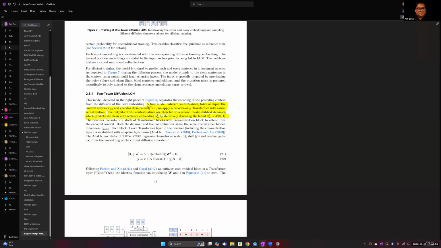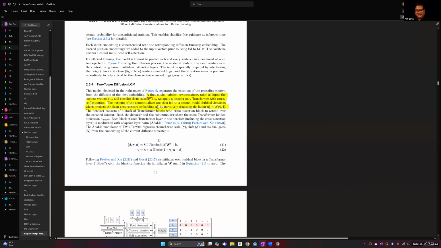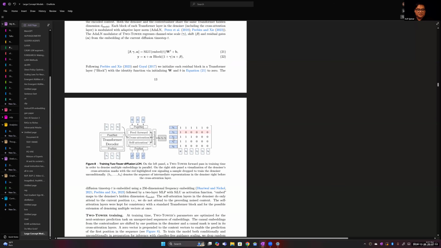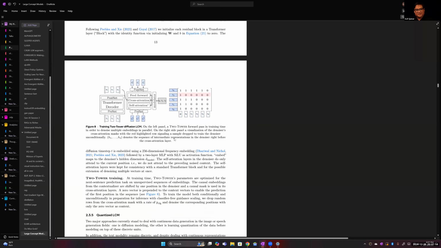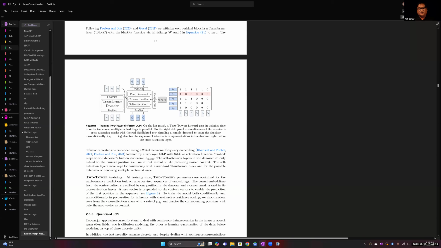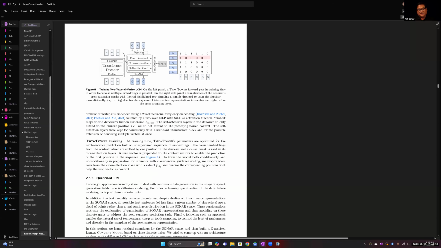The denoiser consists of a stack of transformer blocks with cross attention to attend over the encoded context. Both the denoiser and the contextualizer share the same transformer hidden dimension and so forth. These are technical details one has to read more carefully, but it's straightforward. What they're saying is that we are going to use both the standard transformer decoder and the denoising part of the diffusion approach, and together we'll do it.